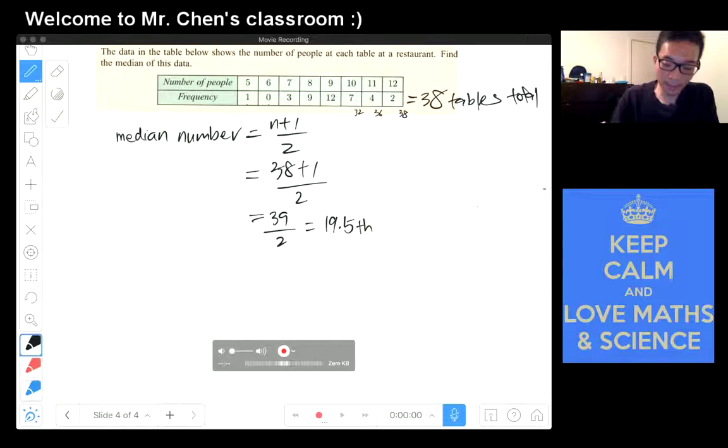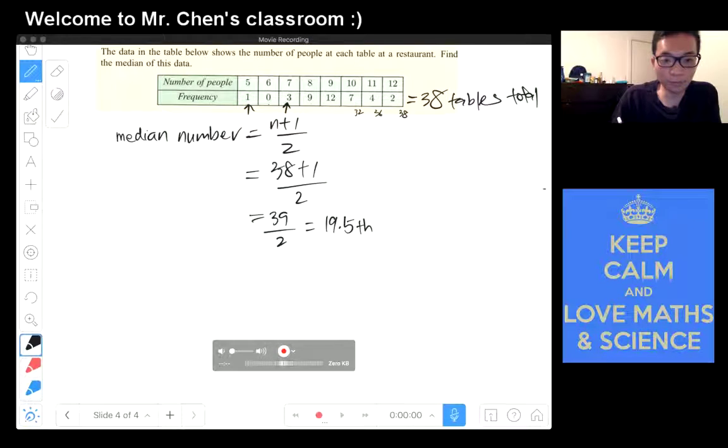Let's do this. It might look a bit confusing, you just need to count. This is the first data, and that is the fourth data, because there are 3 of them here and 1 there.